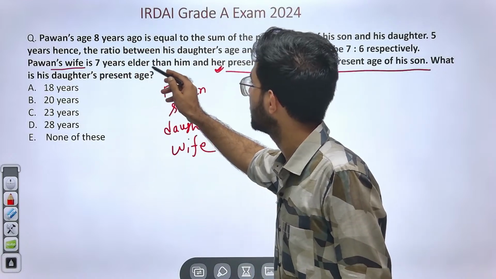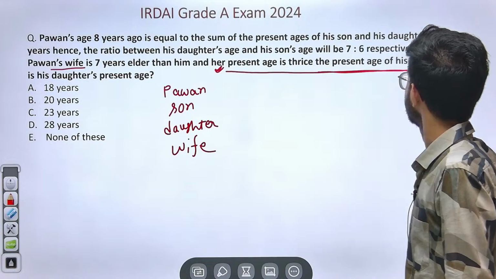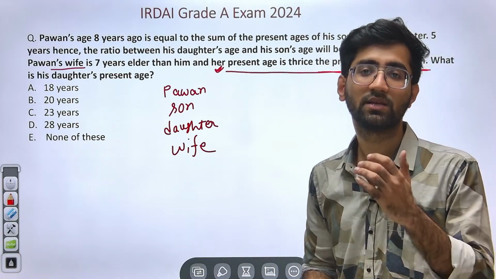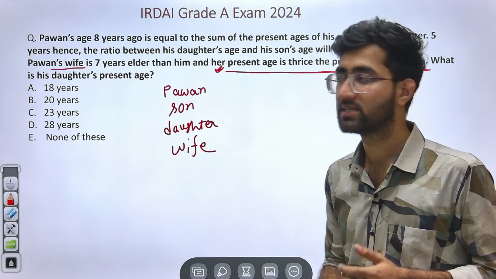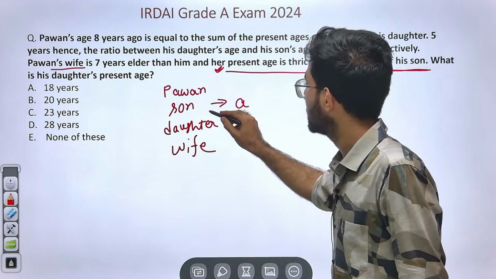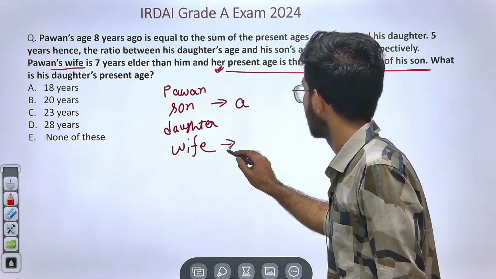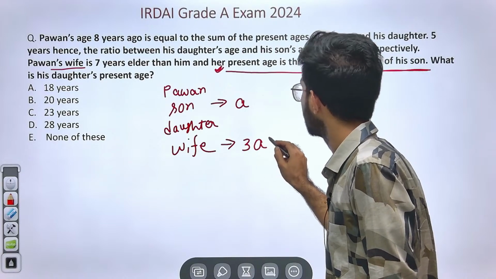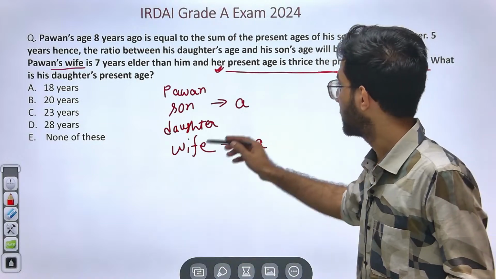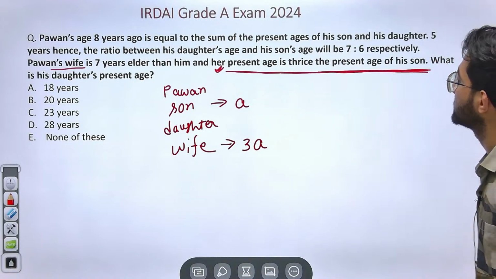Pawan's wife is 7 years elder than him and her present age is thrice the present age of his son. So if we assume that the present age of Pawan's son is A years, then we can say that the present age of Pawan's wife is 3A years. Why? Because her present age is thrice the present age of his son.